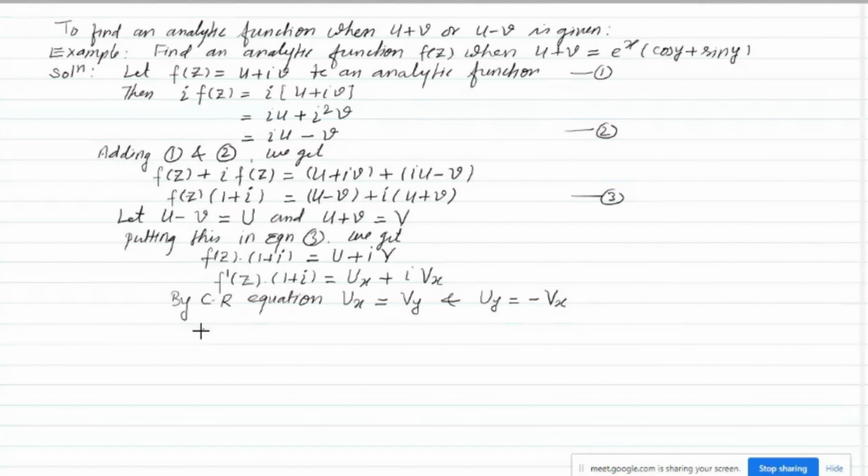So therefore, we will have f dash of z into (1 plus i) equal to, which part is given to you? The sum u plus v is given to you. So we will remove x, so instead of Ux here, Vy.